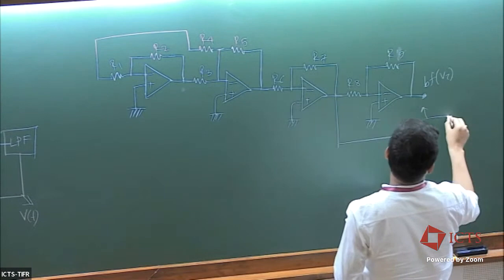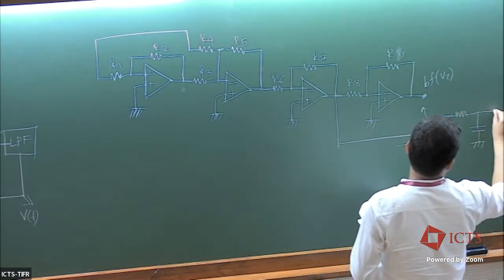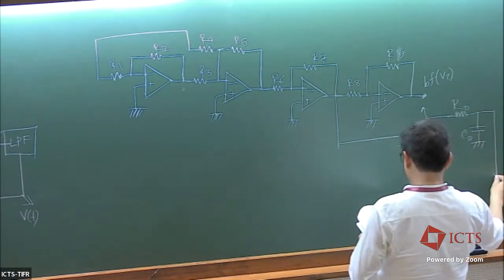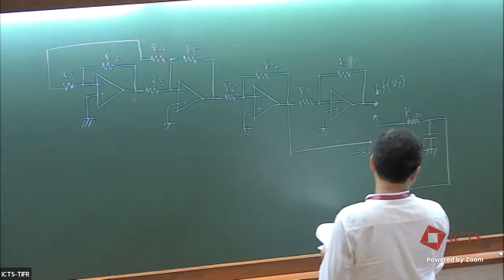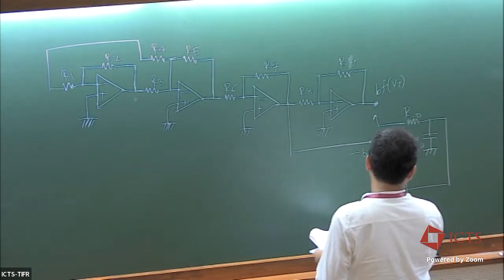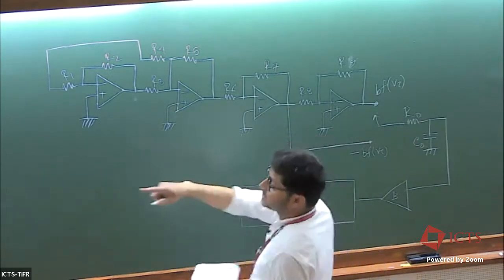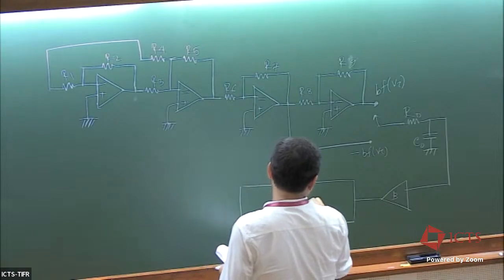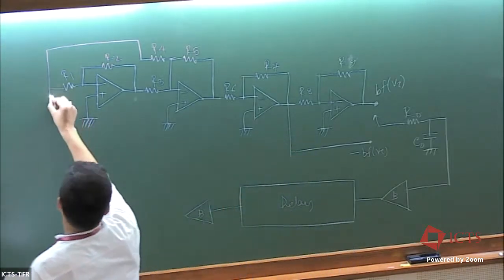Here we can arrange a switch and a low pass section. Now we can design a buffer using op amps. Just suppose it is B, and here we are giving the delay element, that circuit. Okay, another buffer and feeding to this.